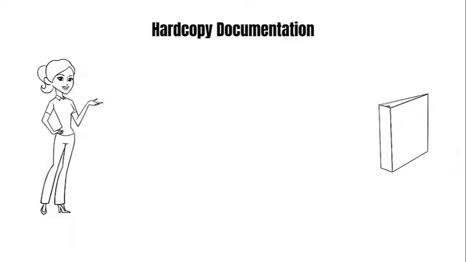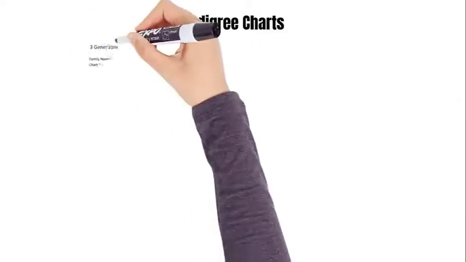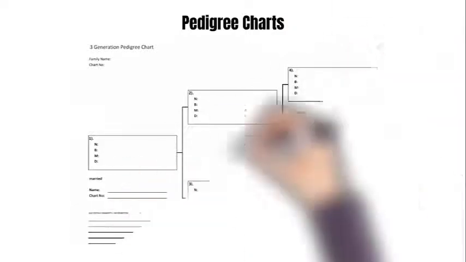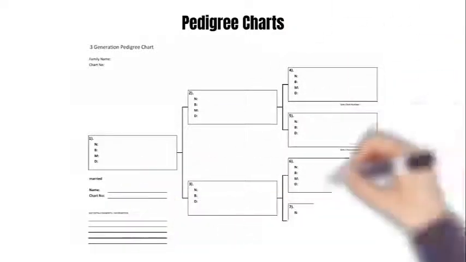If you decide to keep hard copy versions of your research, you can store the information in specially designed family history forms and charts. Some of these forms and charts that you may wish to use may include Pedigree Charts. A pedigree chart displays your ancestors that are directly related to you through multiple generations.